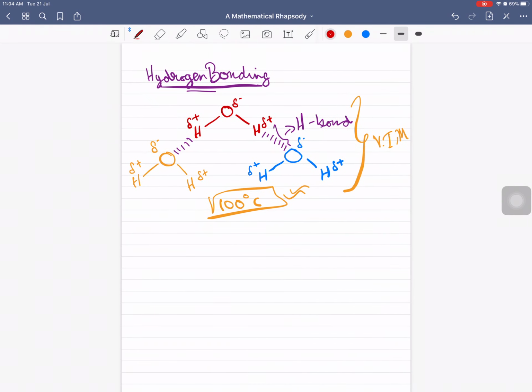It can happen in many atoms such as CH4, but here it is almost neutral, so we won't be talking about that. But this is one of the main examples that you have to keep in mind if you ever want to clarify your doubts about hydrogen bonding. Okay, let's move to London dispersion forces.